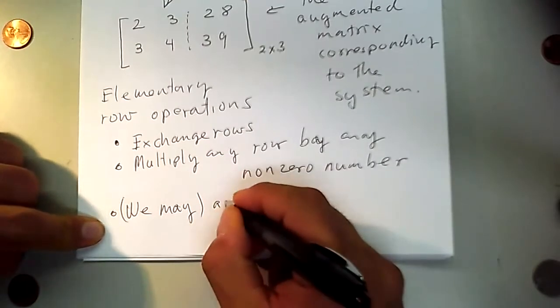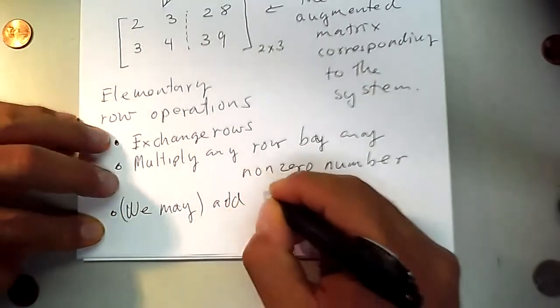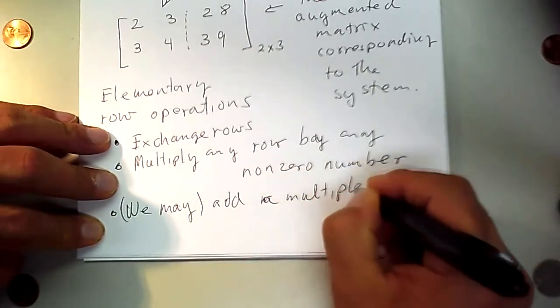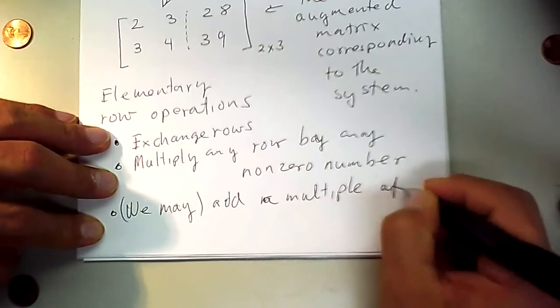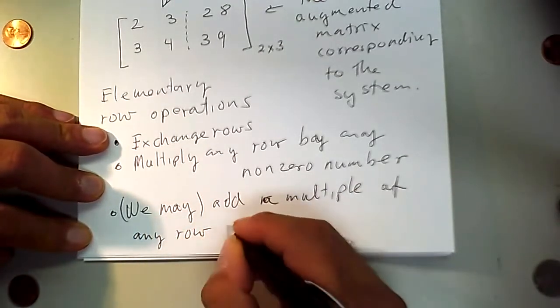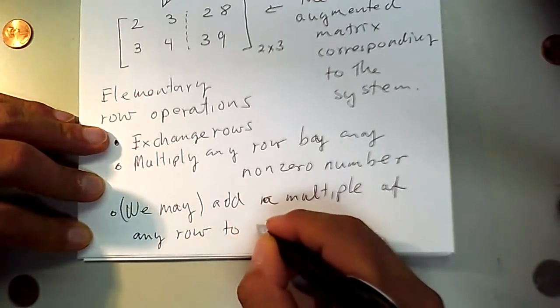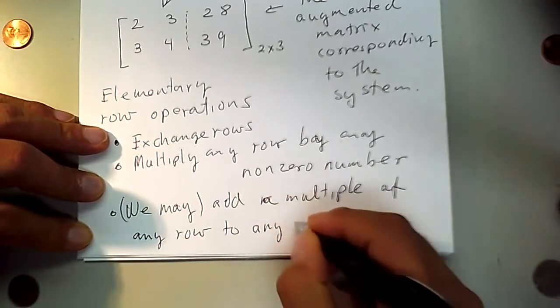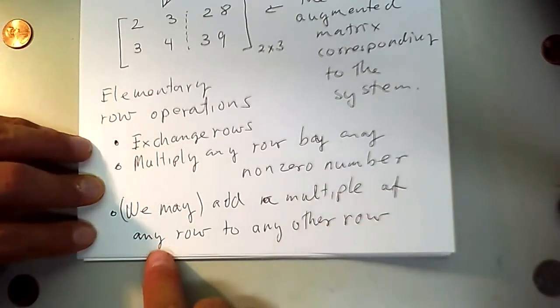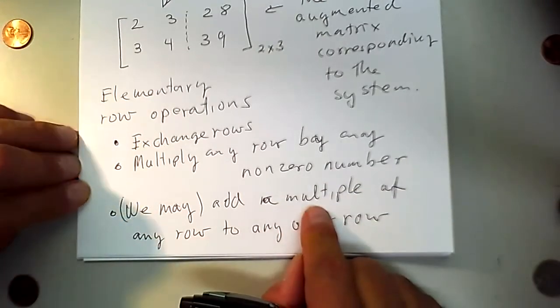So we may add a multiple of any row to any other row. And when I say multiple, we can multiply by a negative number.